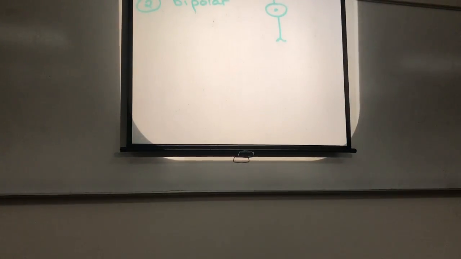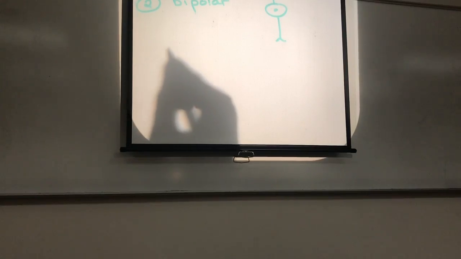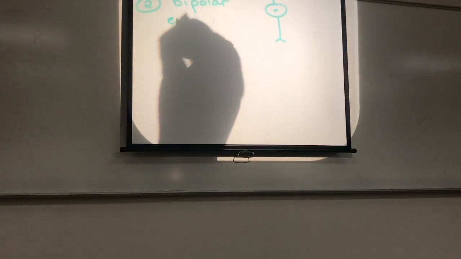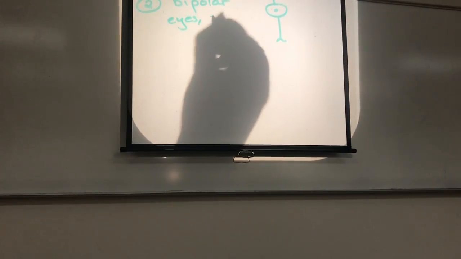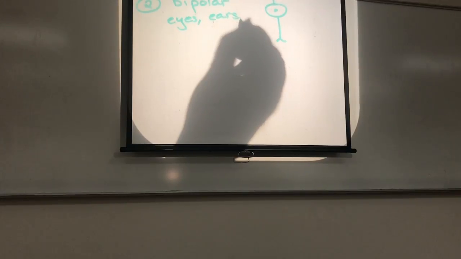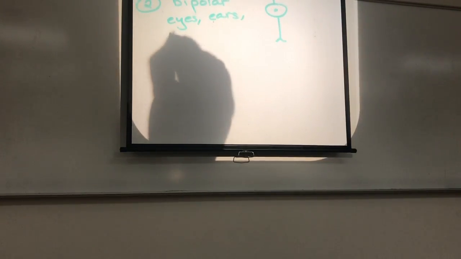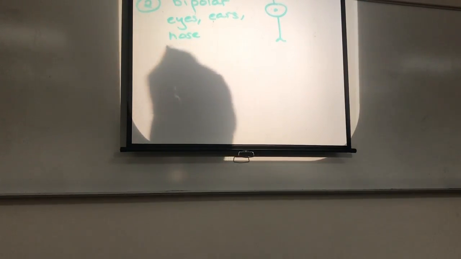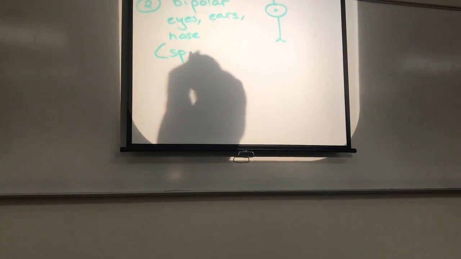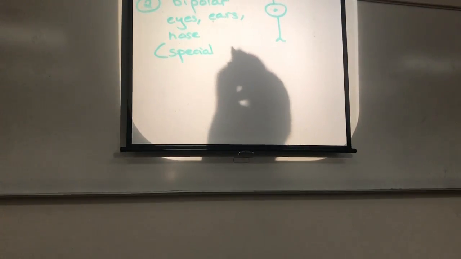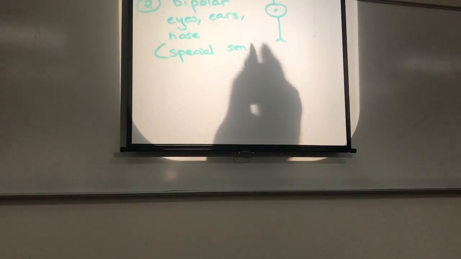There we go, there's a sketch. Bipolar neurons are found in the eyes, the ears, and the nose. In other words, the special senses. But not the tongue. Not as far as I know.